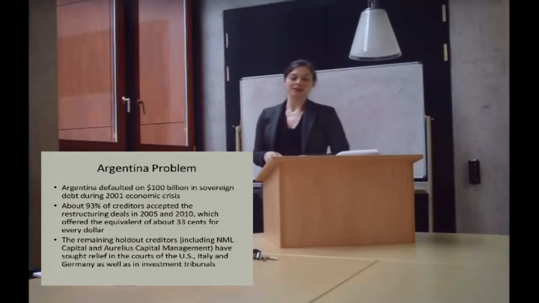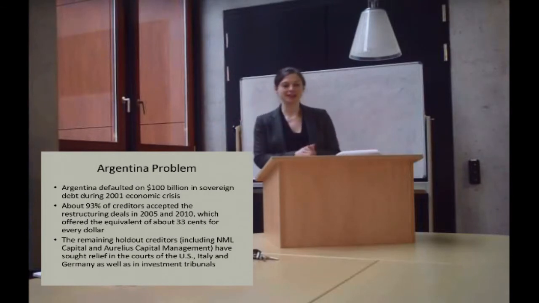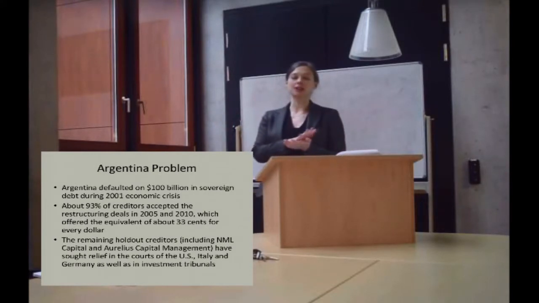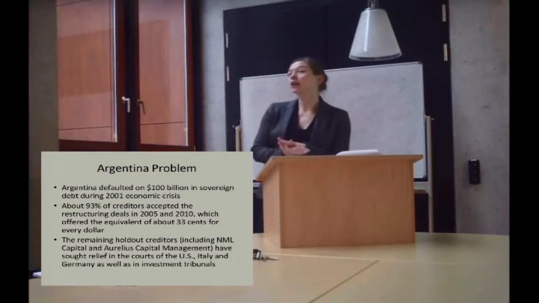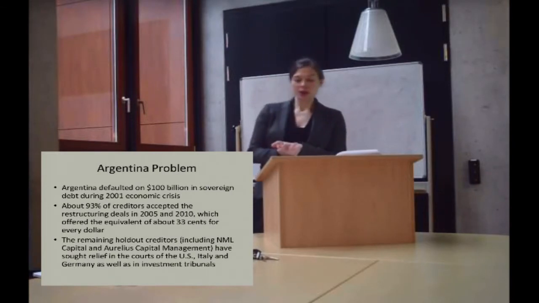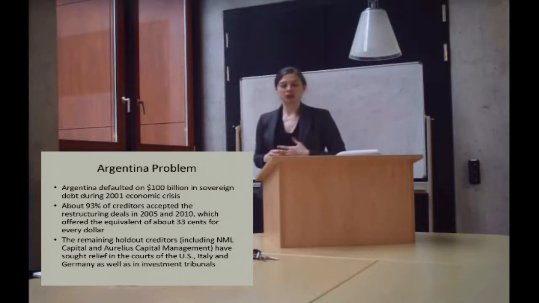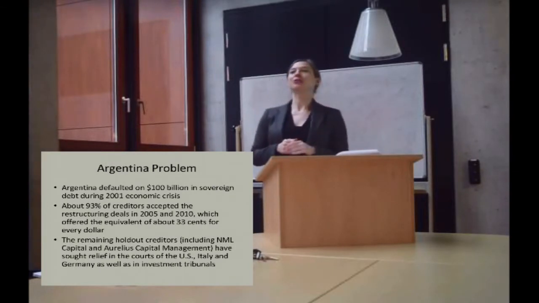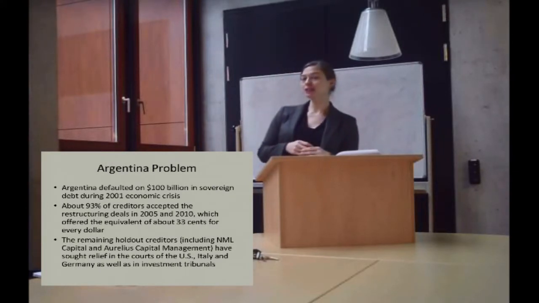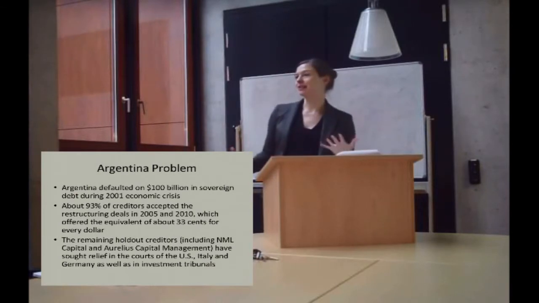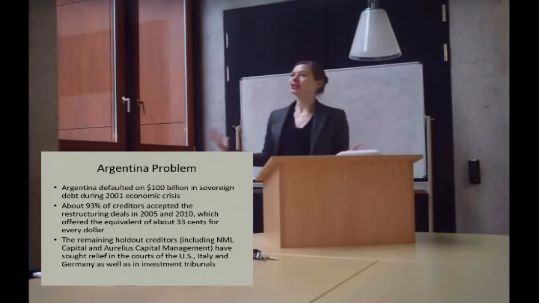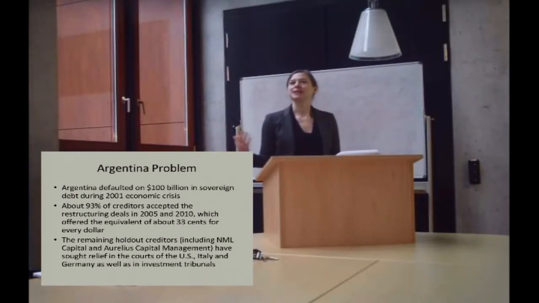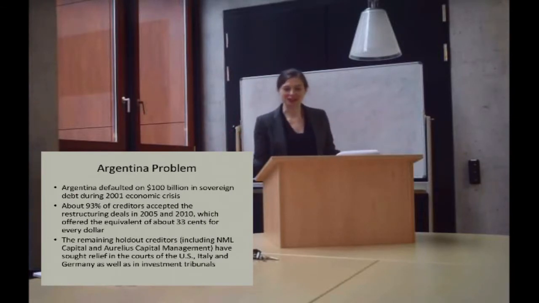Right, so the 100 billion in sovereign debt that was defaulted on. Now, the restructuring plan in 2005 offered the equivalent of 33 cents for every dollar. So, if we think about this concept of holdout creditors, there is a potential logic behind it.